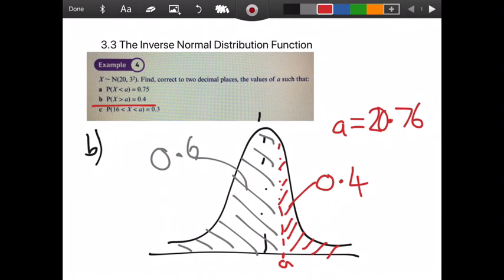So the probability that x is greater than 20.76 is 0.4. And again, looking at my normal distribution sketch here, if the mean is 20 there, I would expect A to be slightly above 20 for this to work.